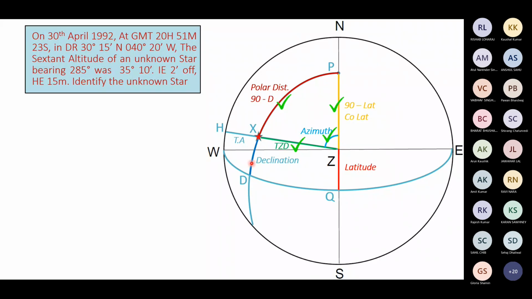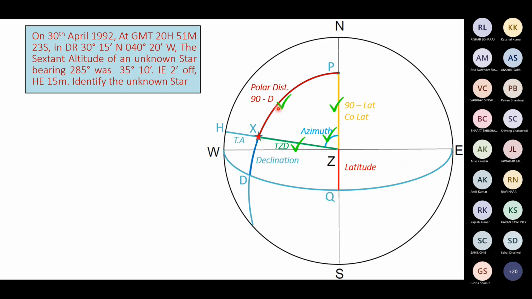The declination, which is represented by dx in the diagram, is obtained. That's exactly the concept when we are using the rational horizon diagram or the PZX triangle. Whatever information is available to us is plotted in the diagram, and this information gives us a lead into what formula is required to be used in that particular situation. And once you use the formula, it could be either the cosine formula or the Napier rule, the unknown parts are obtained. So that's what we have done, and we have obtained the declination of the star.